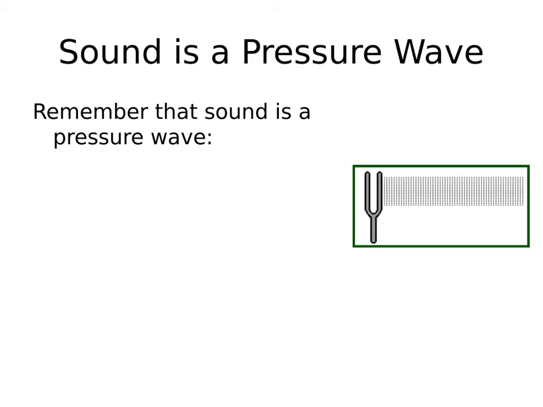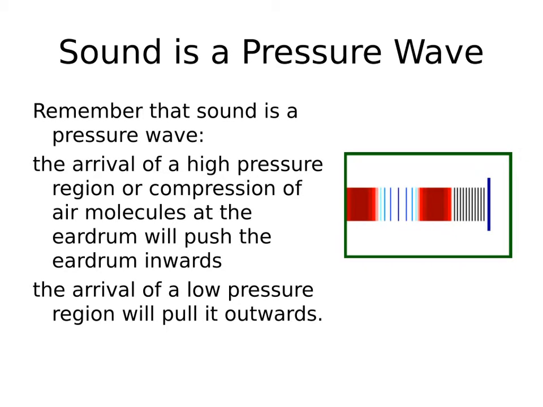Now remember that sound is a pressure wave, a longitudinal wave that changes depending on the frequency of the source. So the arrival of those high pressure regions or compressions of the air molecules at a certain frequency will push on the eardrum at that same frequency.